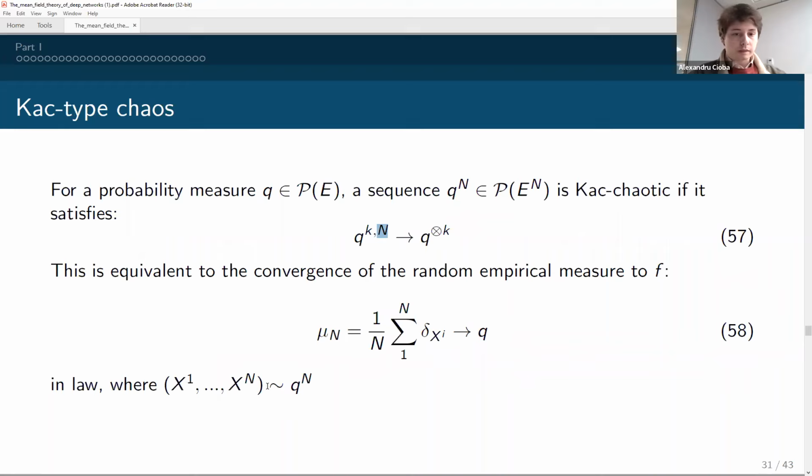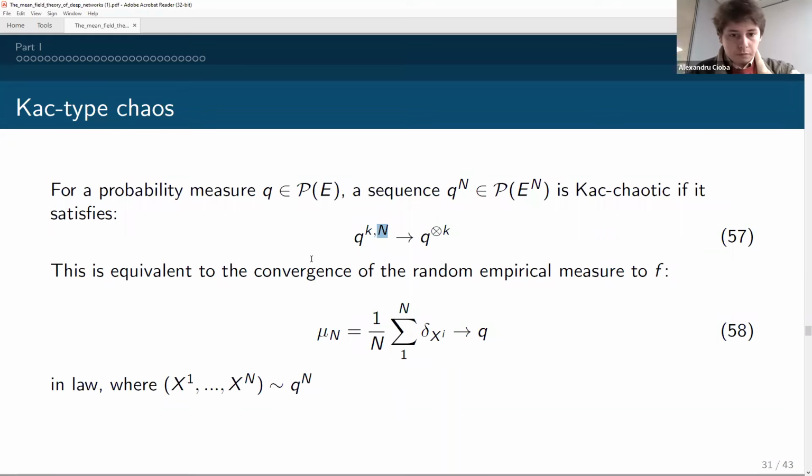So you can actually view this as a definition of the type of probability measures that we have in scope. In particular, whenever you see this type of behavior, it means that maybe there is some sort of mean field behavior lurking behind the scenes.